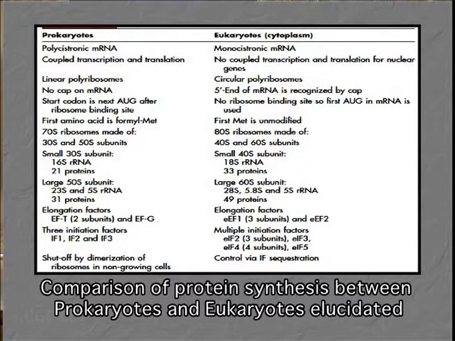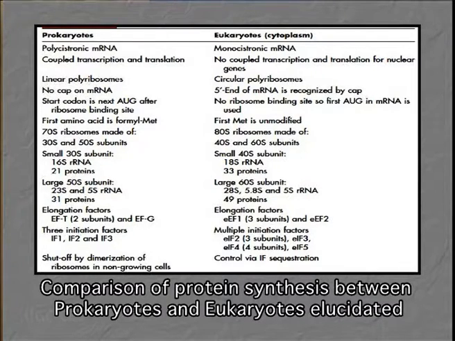In prokaryotes, the first amino acid is formyl methionine, whereas in eukaryotes, it is a simple methionine. In prokaryotes, the ribosome is 70S, whereas in eukaryotes, it is 80S. Next, if we consider the elongation factors, in prokaryotes we have two elongation factors, elongation factor Tu and elongation factor G, whereas in eukaryotes the elongation factors are eukaryotic elongation factor 1 and eukaryotic elongation factor 2.